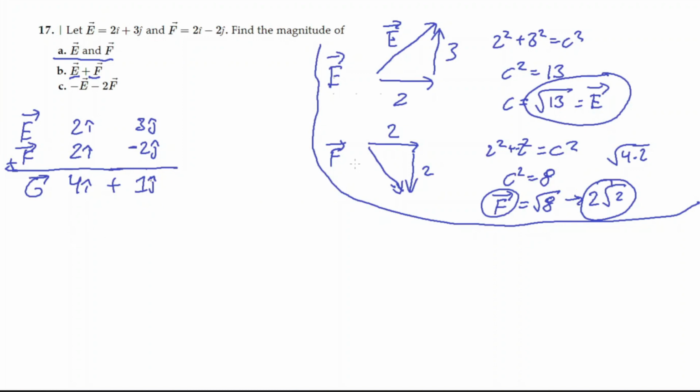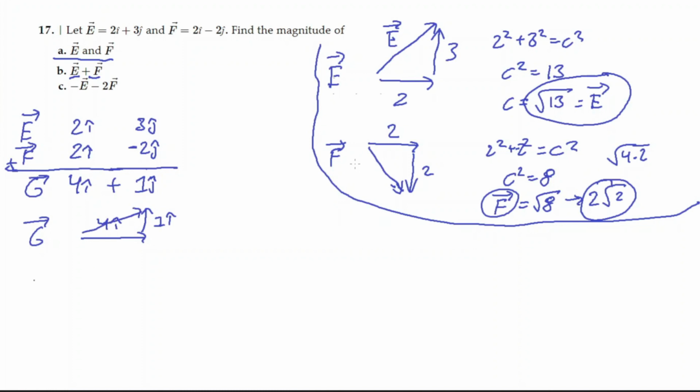So 4i plus 1j, if we write it out now, that would be the magnitude of vector g. So we have 4 as the x component, and then positive 1 as the y component. If we connect it, it's going to look something like that. That would be vector g.